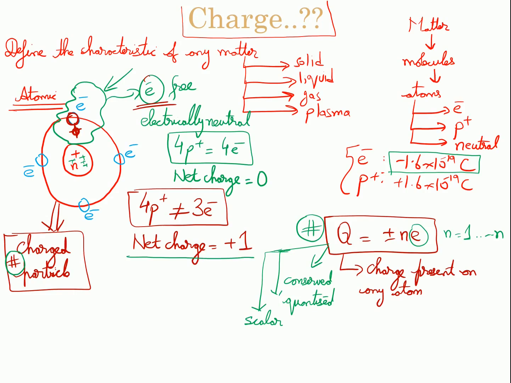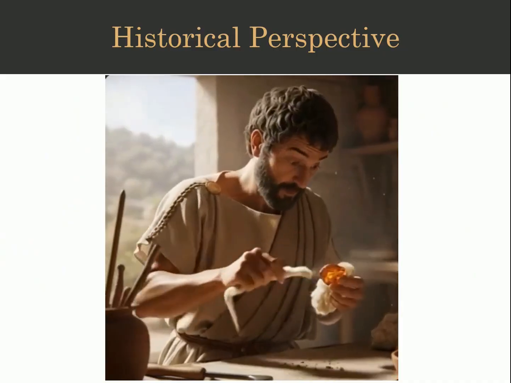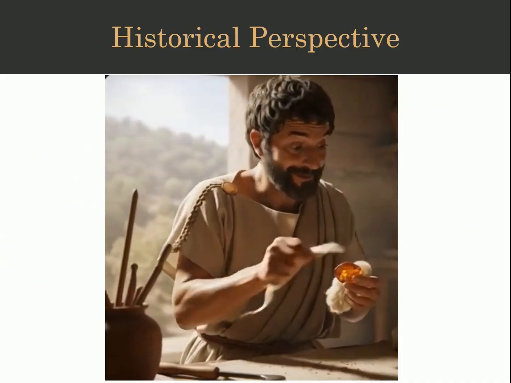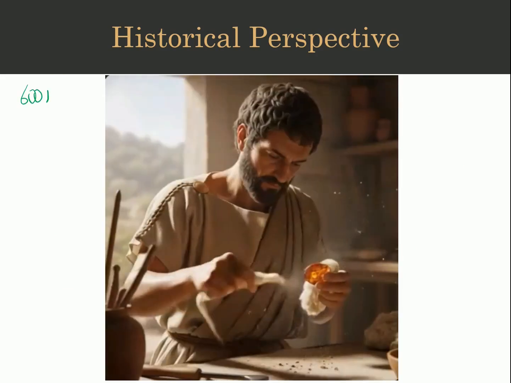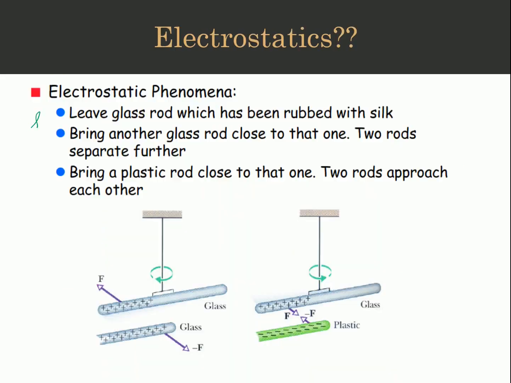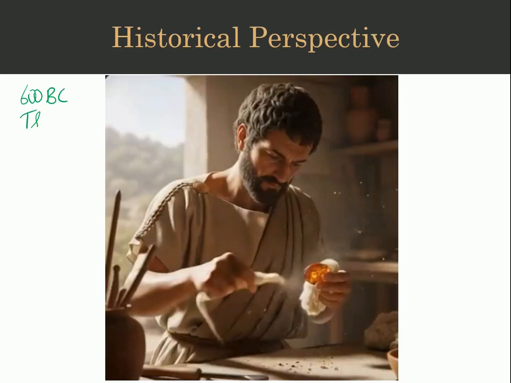So now let us go into the historical aspect and see how electrostatic charges were discovered, or what the first physical realizations were. If you look at this AI generated animation, human data suggests that it was in the year 600 BC that a man named Thales basically discovered this phenomenon of electrostatic charges.